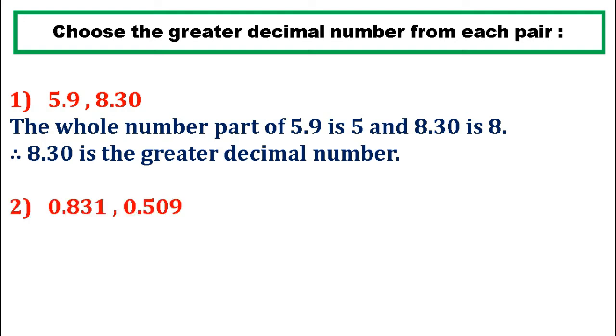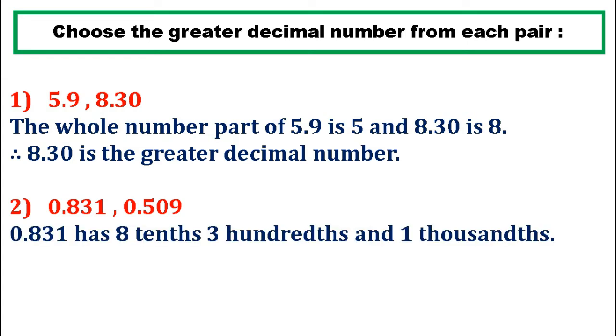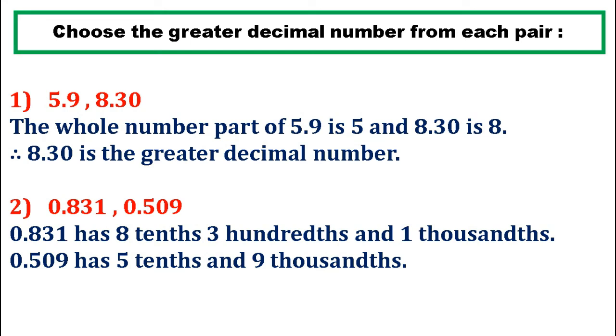Let us make this concept clear with another example, where we have 2 numbers, 0.831 and 0.509, where we can clearly see that the whole number part is 0. So now we will follow the second step. In the first number, 0.831, we have 8 tenths, 3 hundredths and 1 thousandths.